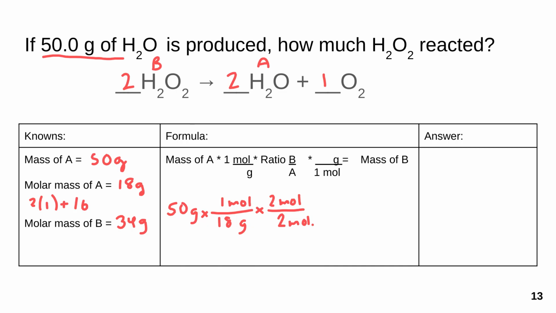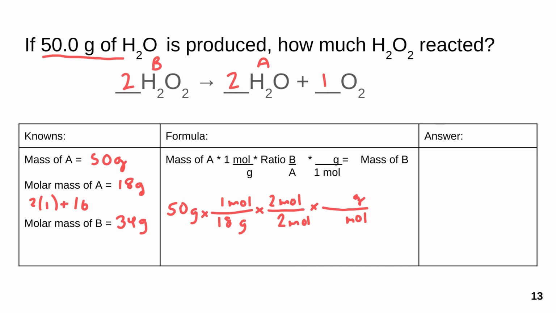Moles of A, put an A here and an A here. Now we have moles of B, so on the bottom we're going to have moles of B. And on the top we're going to have grams of B, since that's what we're looking for.